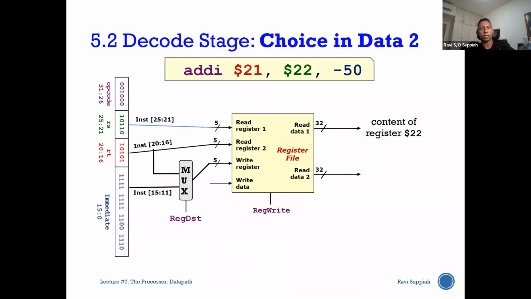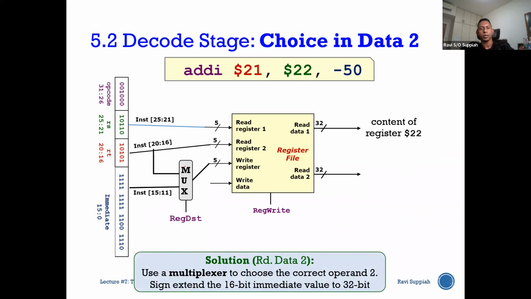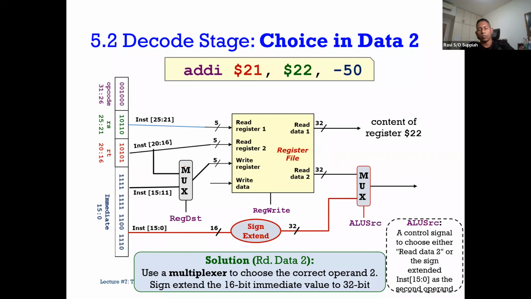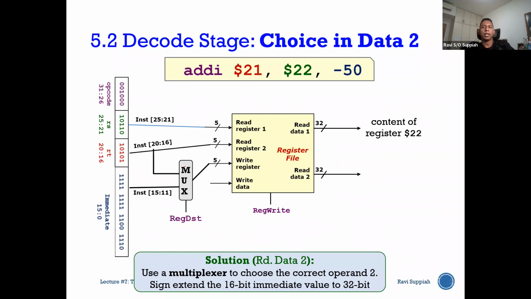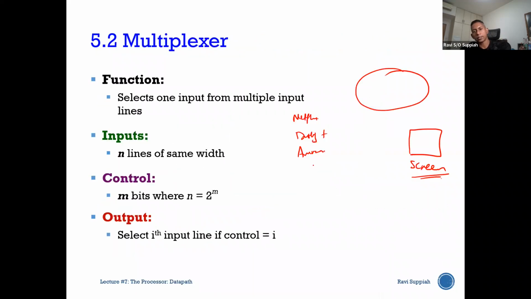So the multiplexer is what I went through. Now the next part is the decode stage. For the R-type instruction, let's come back here again.